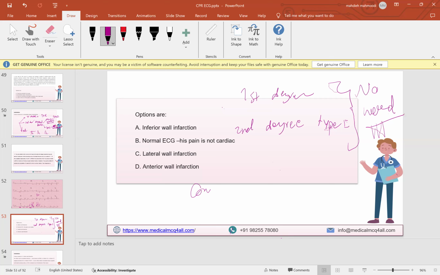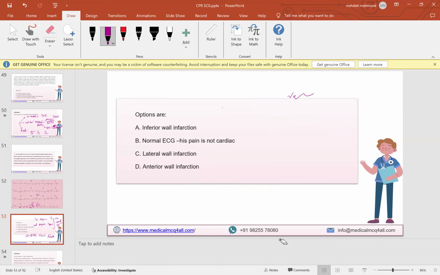But complete heart block is different. Your patient mostly has bradycardia, they have Stokes-Adams. So for that, you need a pacemaker. Second degree type 2 is also dangerous because it's not predictable, it's unforeseeable. Because of that, you may have to keep a close eye on the patient, but there is no need for an urgent pacemaker.